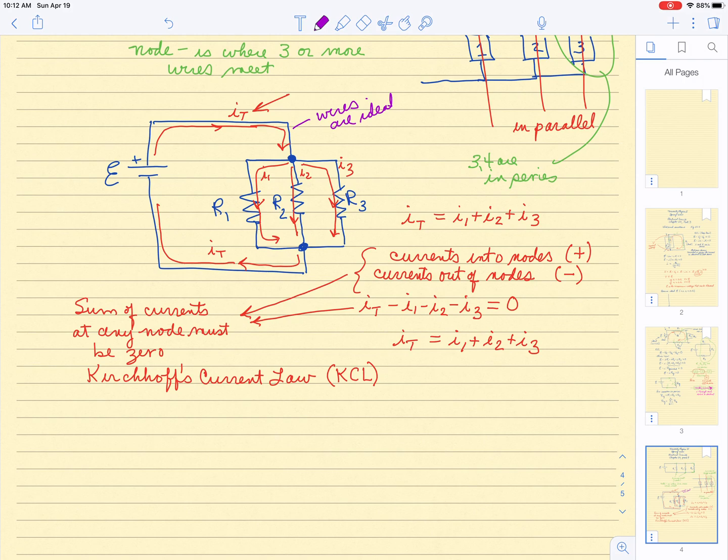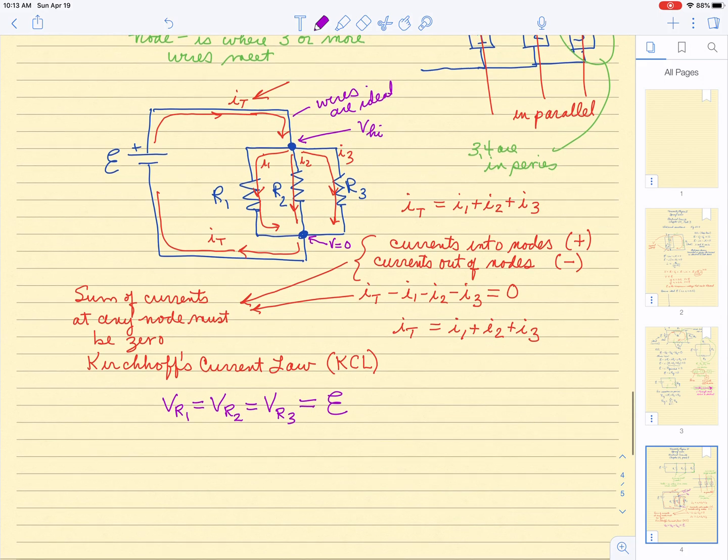So the voltage here is whatever the high side of the EMF is. We'll call that V high. And the voltage here is, by convention, equal to 0. So with ideal wires, the voltage across R1 is equal to the voltage across R2 is equal to the voltage across R3. And actually, in our case, that's equal to script E.